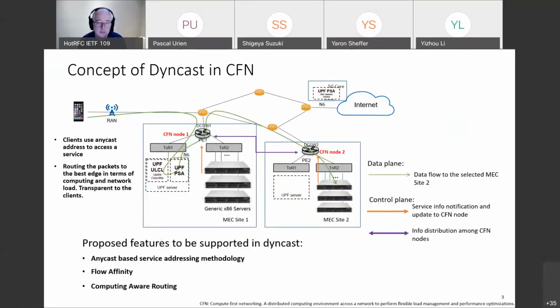We want to propose three features to be supported in Dinecast. The first one is the Anycast-based service addressing methodology. The second one is to ensure the flow affinity. The third one is the computing-aware routing.